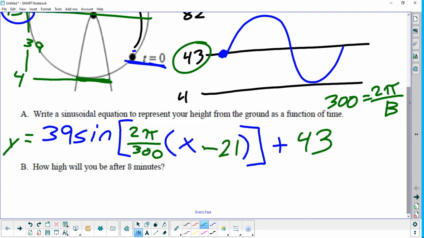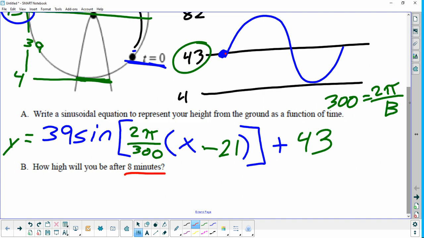We want to know how high we're going to be on the Ferris wheel after 8 minutes. Now, that's not 8 minutes from whatever this dot was. It's just 8 minutes from the time the ride started. So we've got to plug in whatever 8 minutes is in seconds, because remember this function is in seconds.